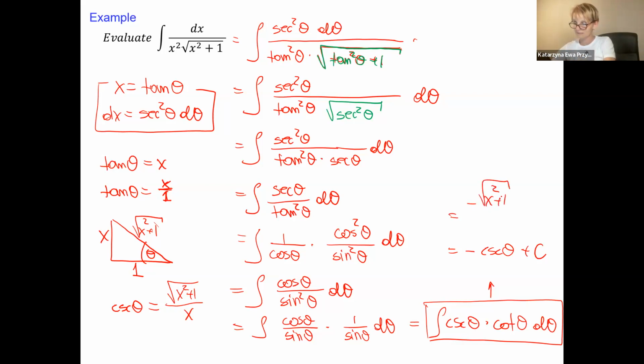Square root of x squared plus 1. This is hypotenuse over opposite. Okay, this is the final answer. Yes, I was going backwards. Okay, triangle method. And remember what kind of substitution.